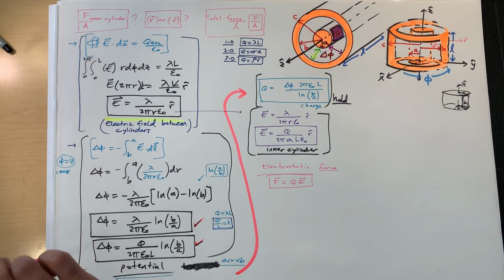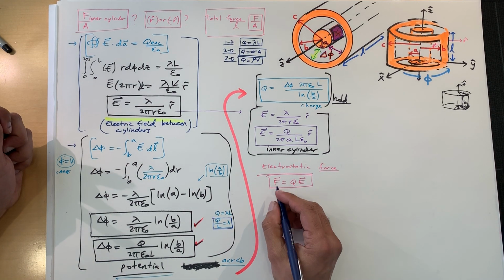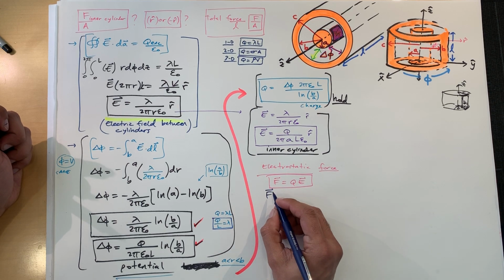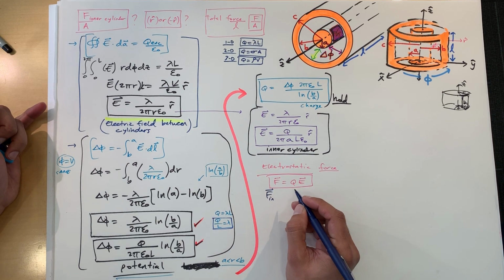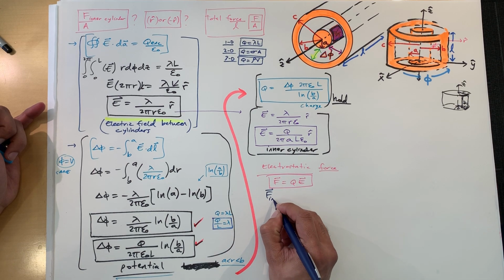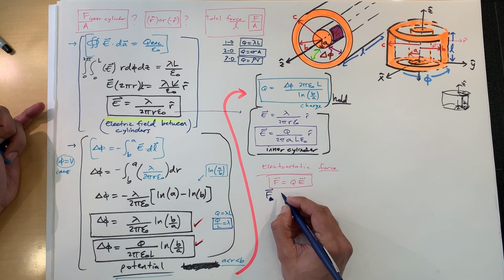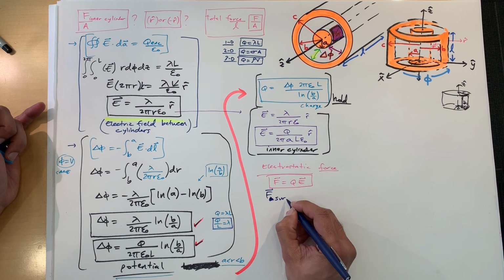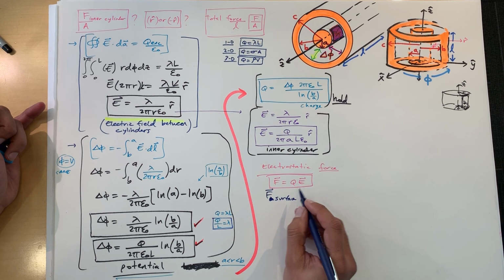Okay, and we need to actually label this properly, because we have the force of the inner surface. So let's just write force of the surface, because it's what we want.